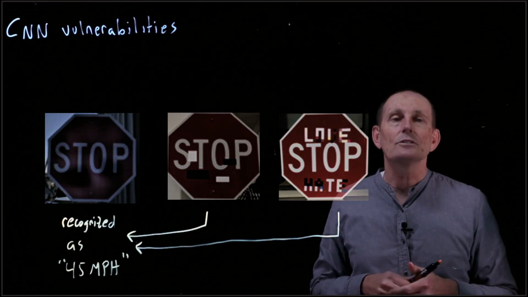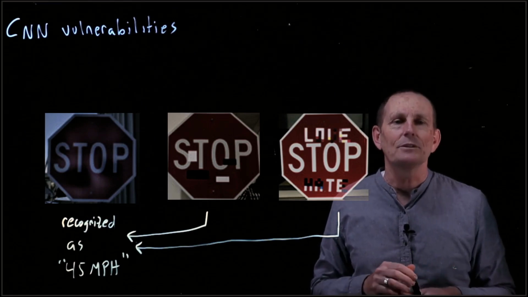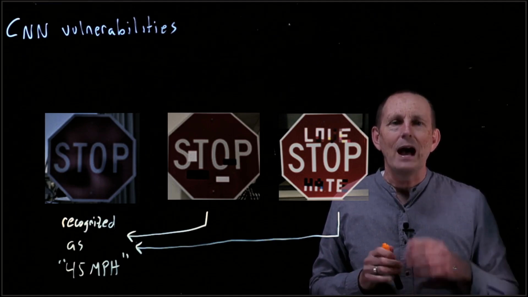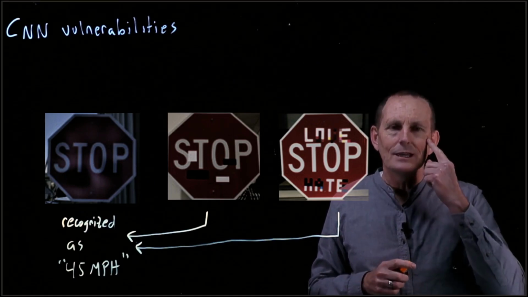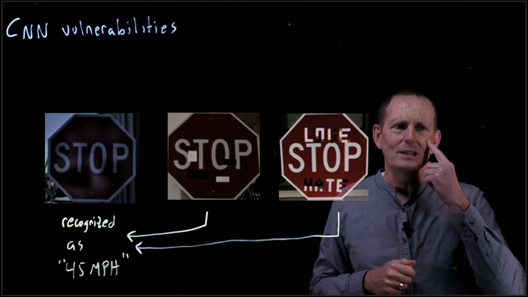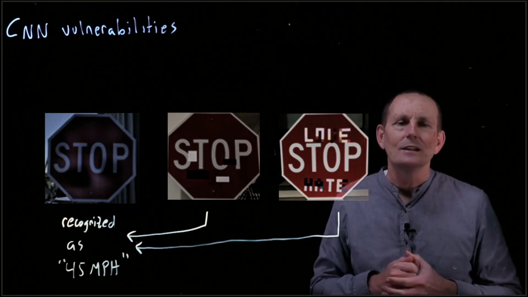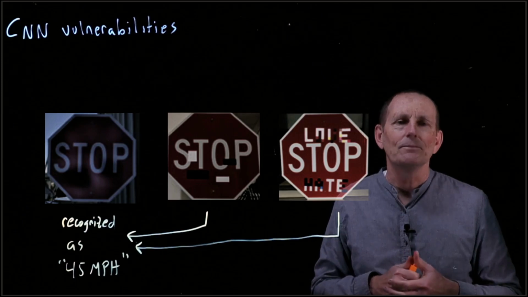Now, this can be used for good as well. You can imagine facial recognition out there, where you could have small little, let's say, well, tattoos is probably going a little far, but small makeup things you might wear on your face such that you couldn't be recognized.